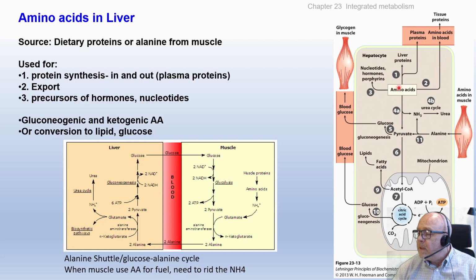And then amino acids can be converted to nucleotides, some hormones, and porphyrins, which are molecules like heme, oxygen binding heme.